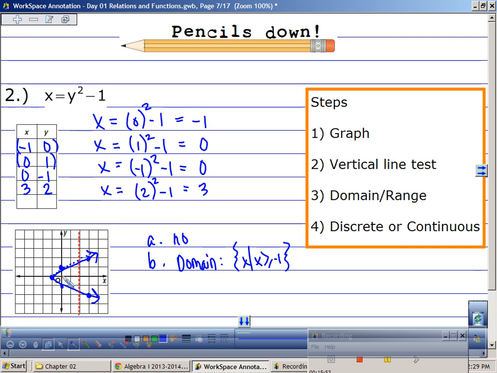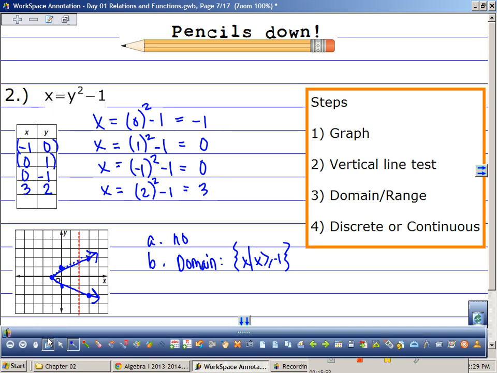If I were to put in negative 1/2, I would get a value. If I were to put in 2.5, I would get a value, right? If I put in negative 2, am I going to get a value? No. Negative 2 is not in the domain. If I put in negative 3, am I going to get a value? No. If I plug in negative 3 for x, y is not going to be anything. It doesn't exist because it's not part of the graph.